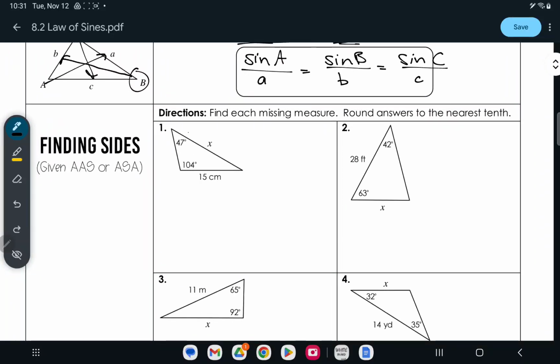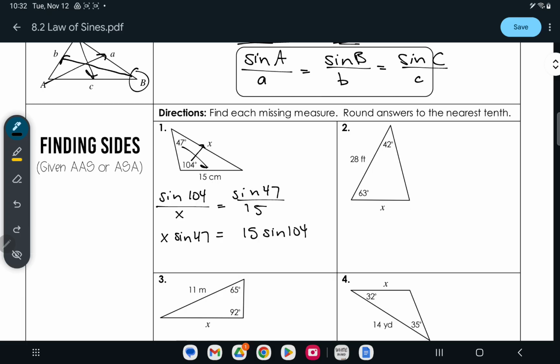All right. So this goes with here. So sine of 104 over x is going to equal sine of 47 over 15. Now we can cross multiply. So I get x sine 47 equals 15 sine of 104.